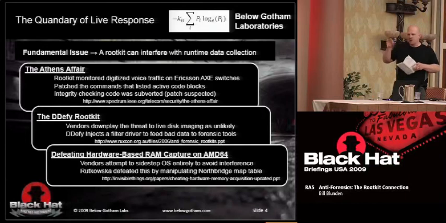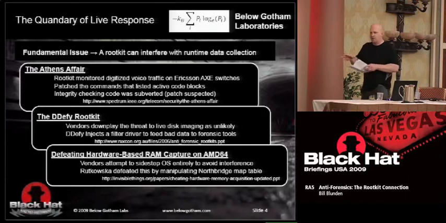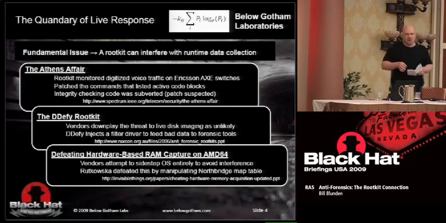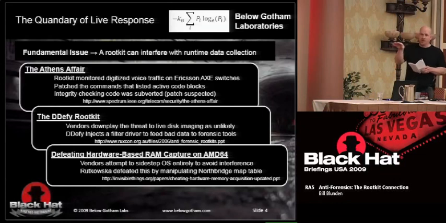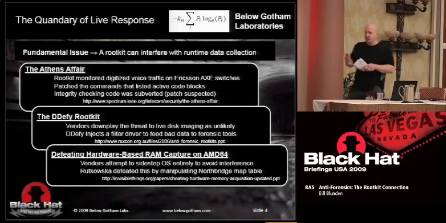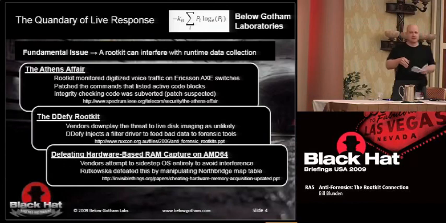Sure enough, Joanna Rutkowska comes out with a presentation where she shows how you can fiddle with the map tables on the North Bridge and interfere with this process. So even if you're sidestepping the operating system entirely, there's no guarantee that a rootkit still won't be able to somehow subvert the process.